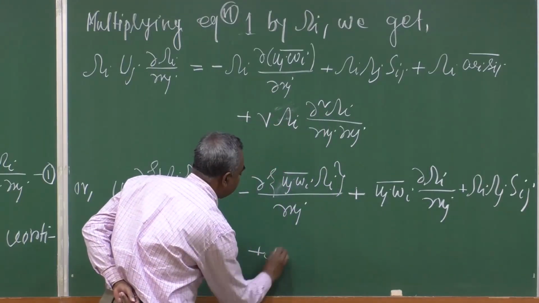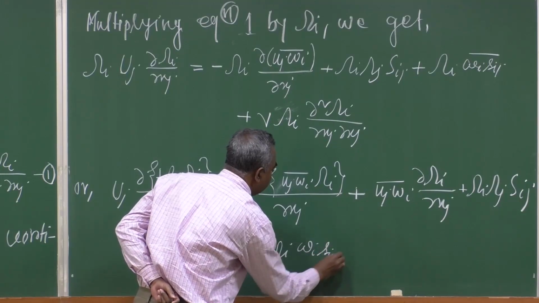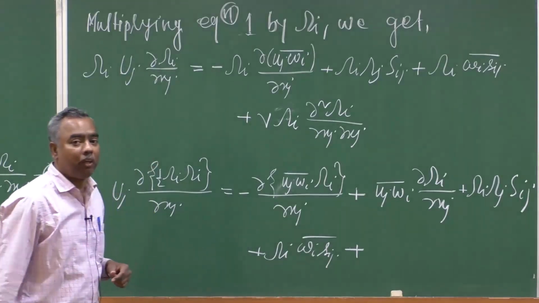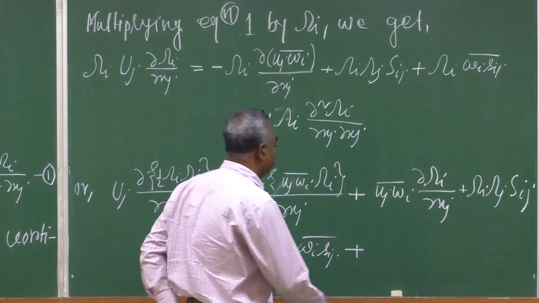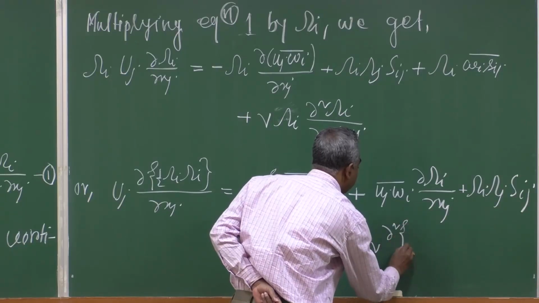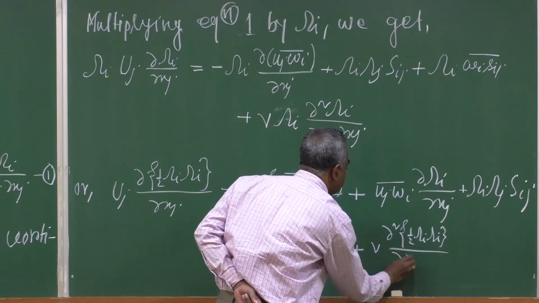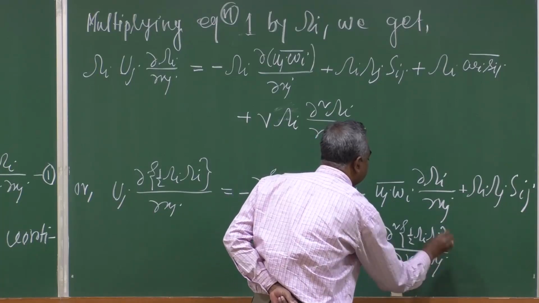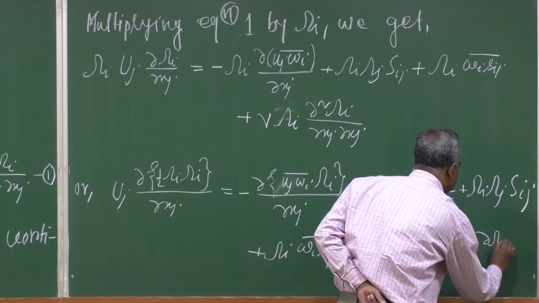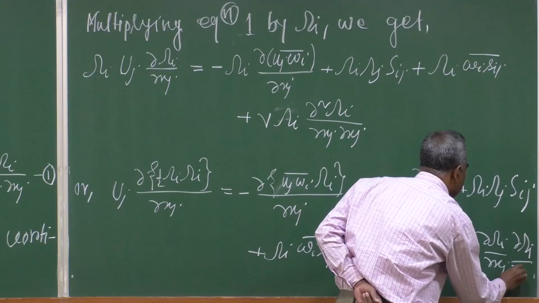Plus this part. The viscous part of this equation can be written in two parts, that is half nu del x j, minus nu times del x j.